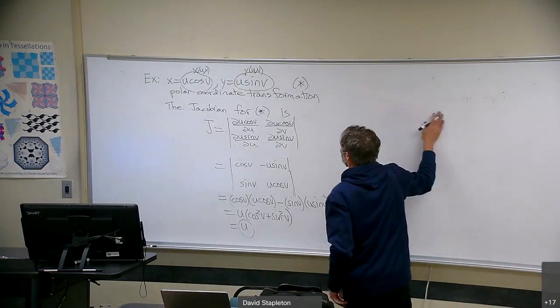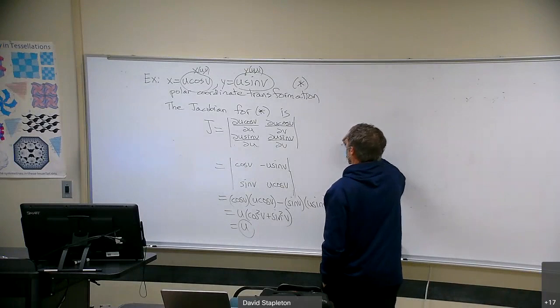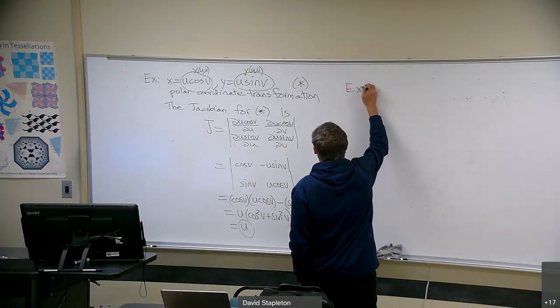Suppose we make a different kind of transformation. This is actually a really important one because of polar coordinates, but these are very important too.